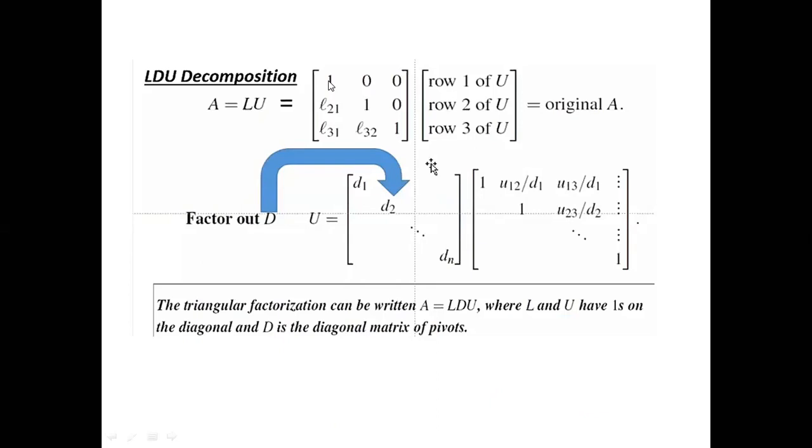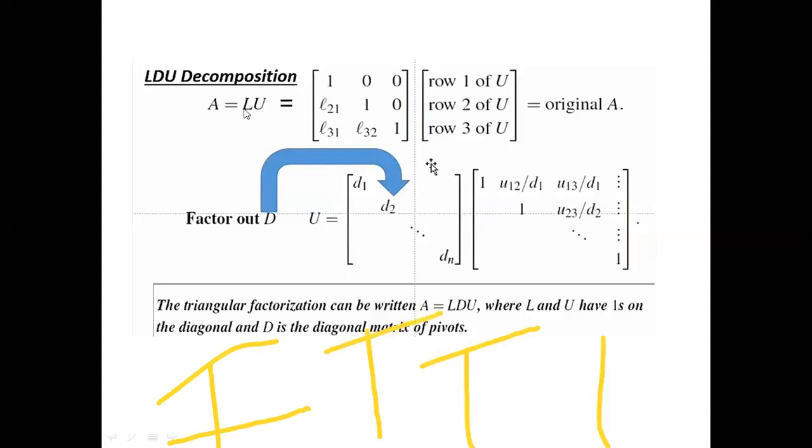That means its diagonals will all be 1, and all components above the diagonal will be 0, and the lower components will just be L21, L31, and L32. So this will be the structure of matrix L.